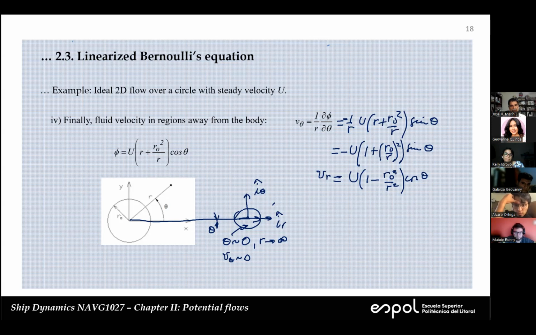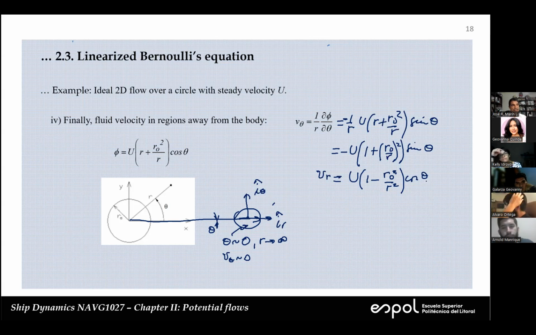Exactly, just u. Because r squared in the denominator is very high. So this value would be basically 0.